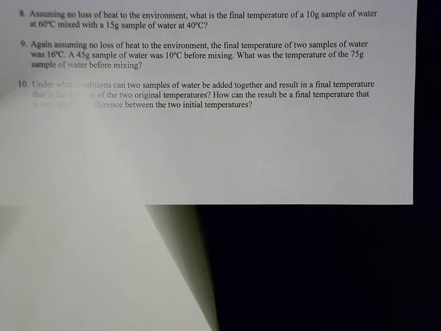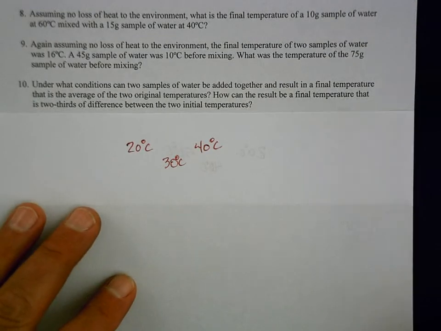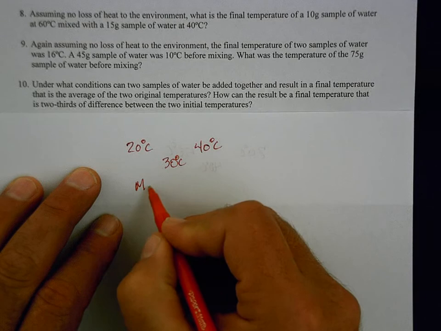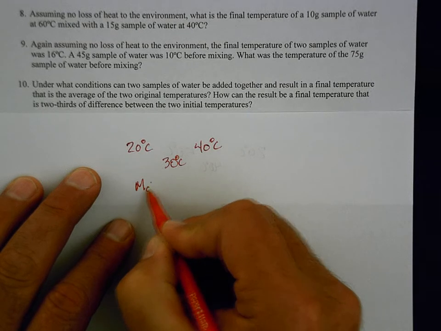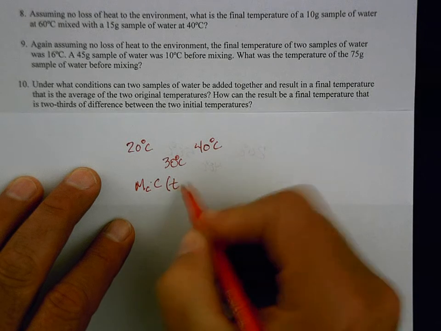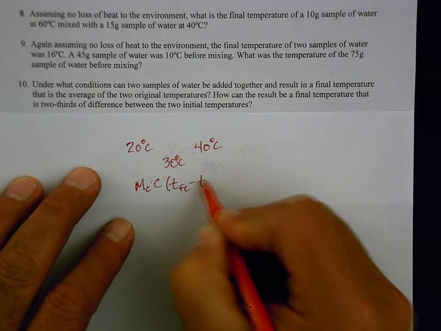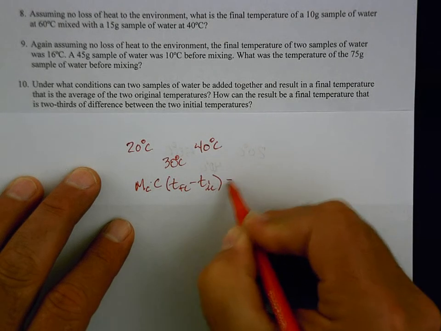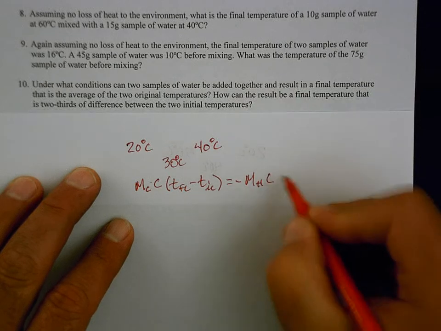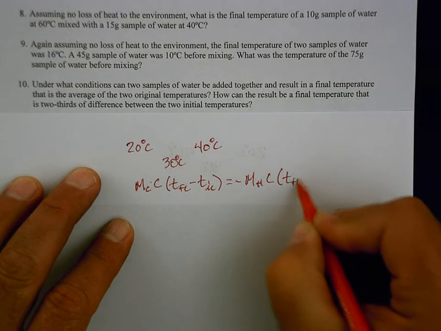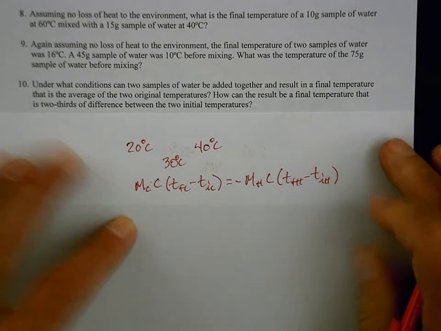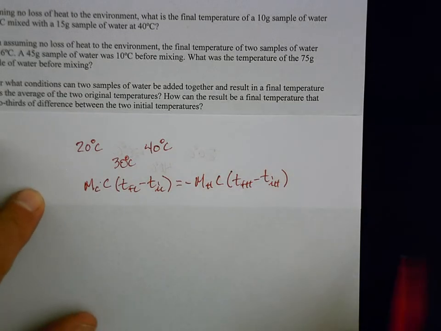Well, let's go back to the first one. Again, we have our M of the cold, the C, and the delta T, TFC minus TIC, equals negative the hot, C, and then TFH minus TIH. But you already got all your temperatures.